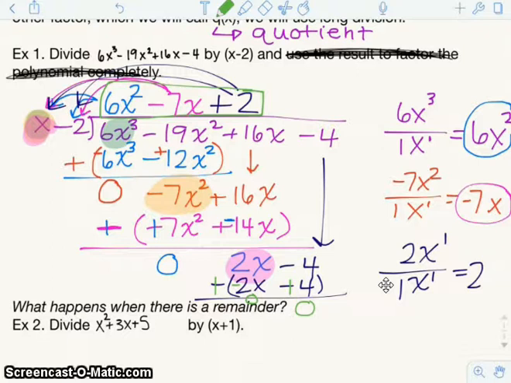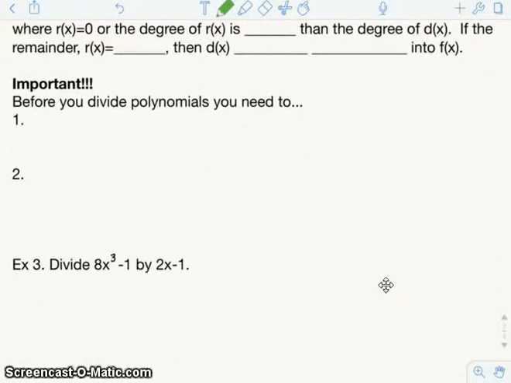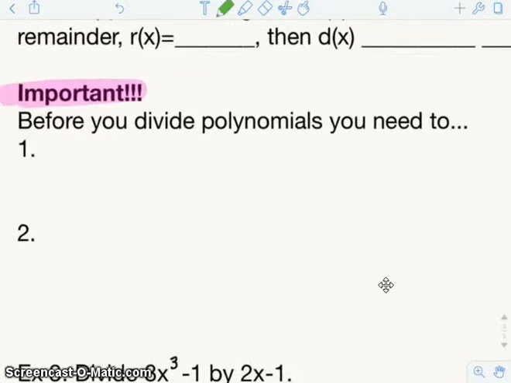Okay, I'm going to jump ahead in the notes for a second, and then we'll come back and do some examples later. But I want you to flip to the part on the next page where it says important, and it's all capital letters or all bold and exclamation points. Because there's two things we need to do before we divide polynomials.